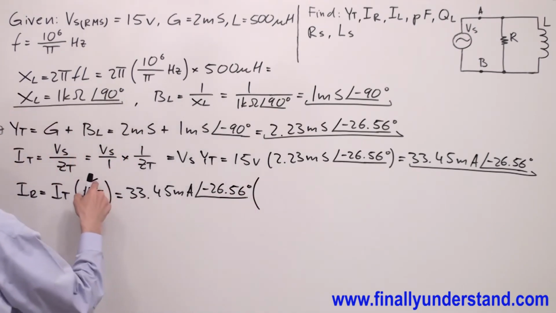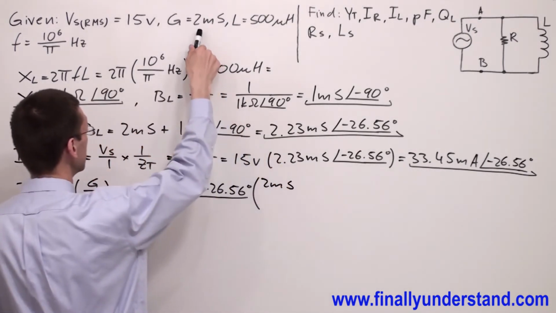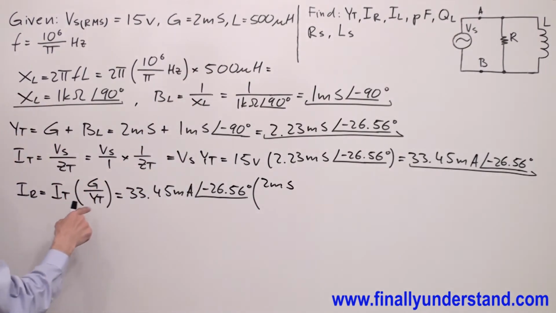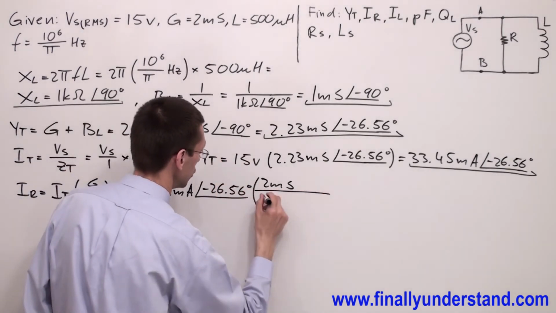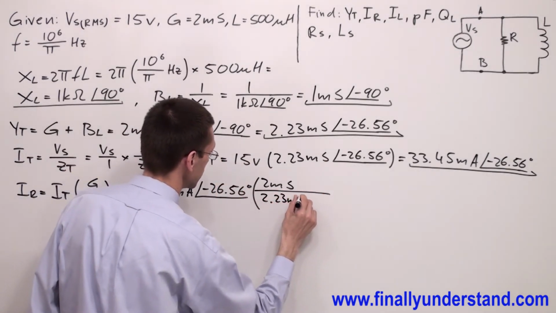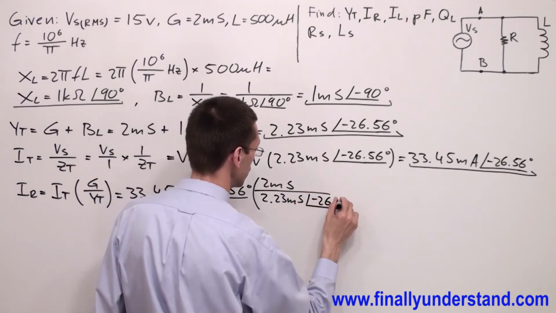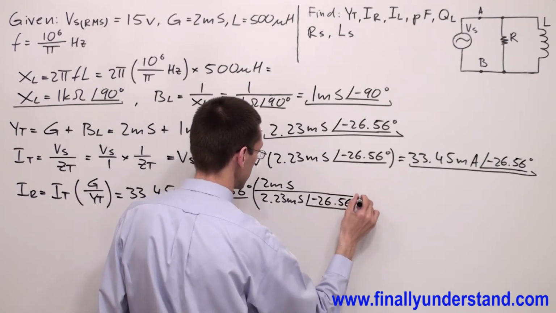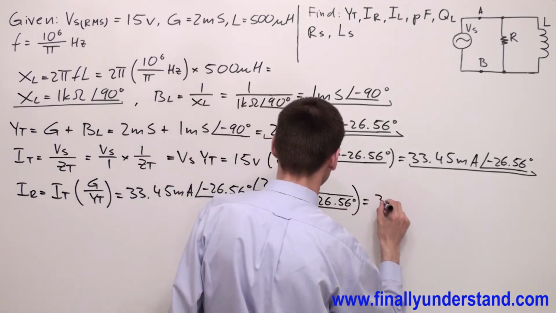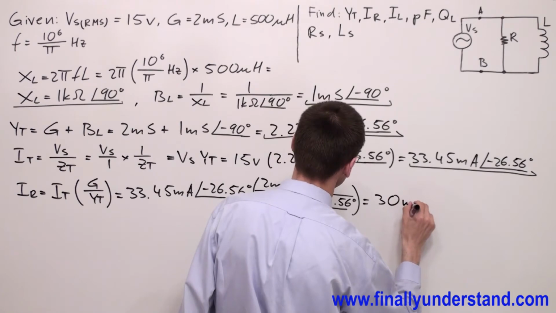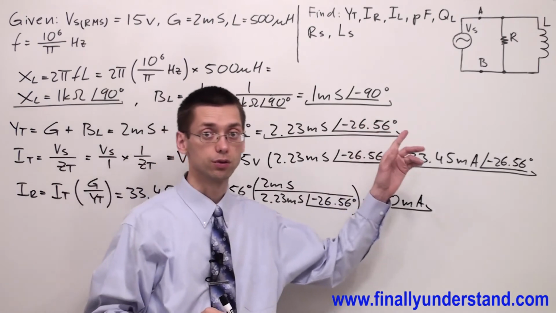G is given, is equal to 2 millisiemens, and we found Y total, which is equal to 2.23 millisiemens and angle of negative 26.56 degrees. Everything is equal to 30 milliamps. So this is the current which will go through the resistor.